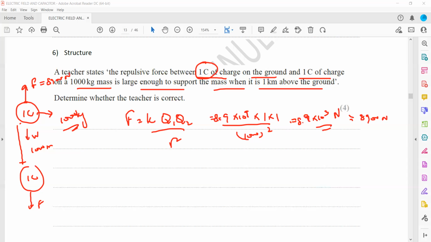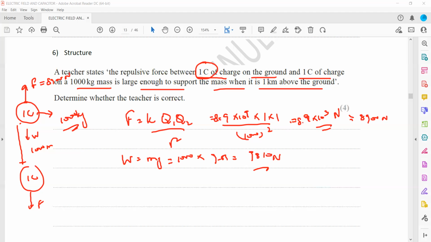And what about the weight? Weight is mass multiplied by gravity. The mass is 1000 kilogram, and the gravity is 9.81. So when we substitute, 1000 multiplied by 9.81 will be 9810 Newton.